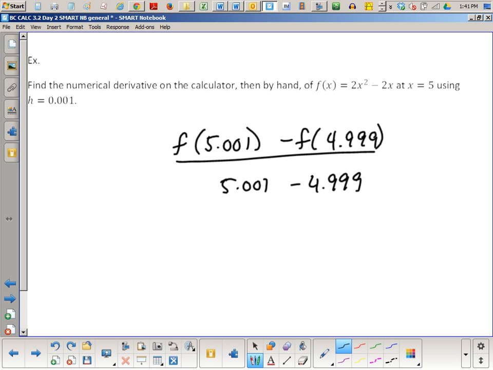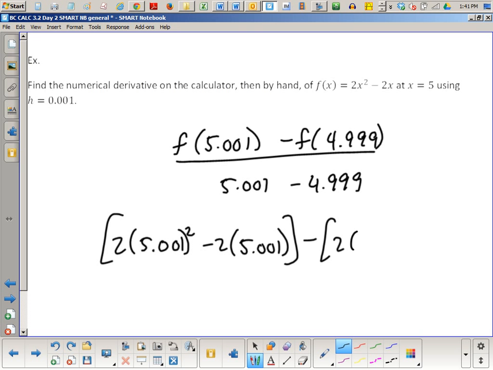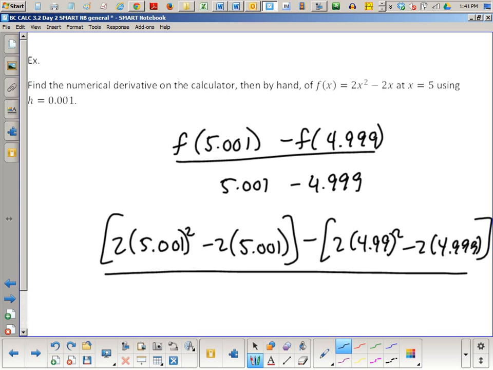It's just an average rate of change calculation. It calculates 2 times 5.001 squared minus 2 times 5.001. From that, it subtracts 2 times 4.999 squared minus 2 times 4.999 and divides by 0.002.